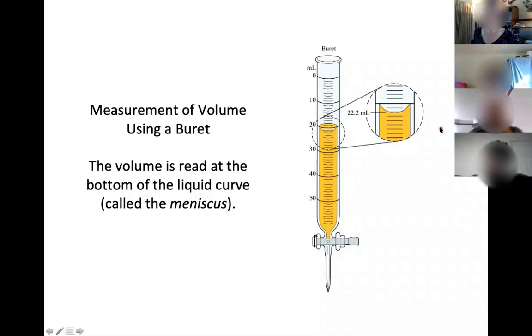So when we read this, we have to read in the downward direction, which means that here's 20, here's 21, here's 22. And do you see how the bottom of the meniscus is just below the line? It's just below that. Let me see if I can get this. All right, and then I will move it up.